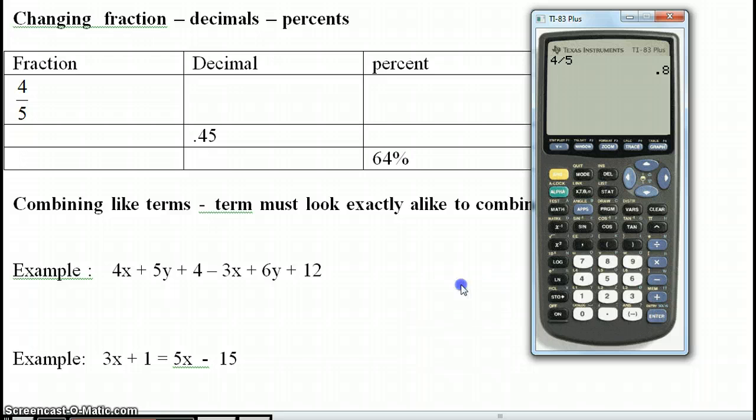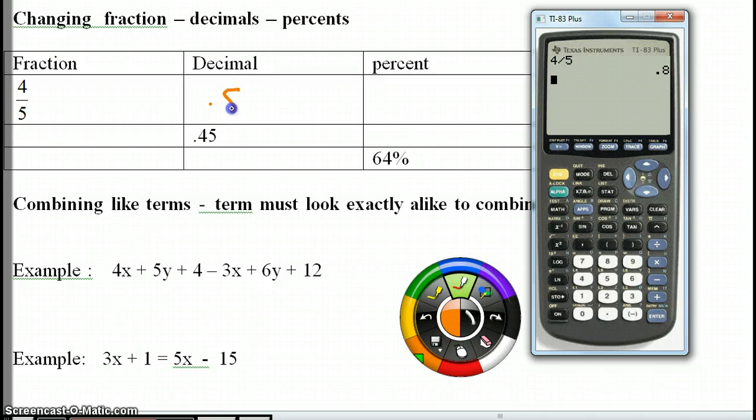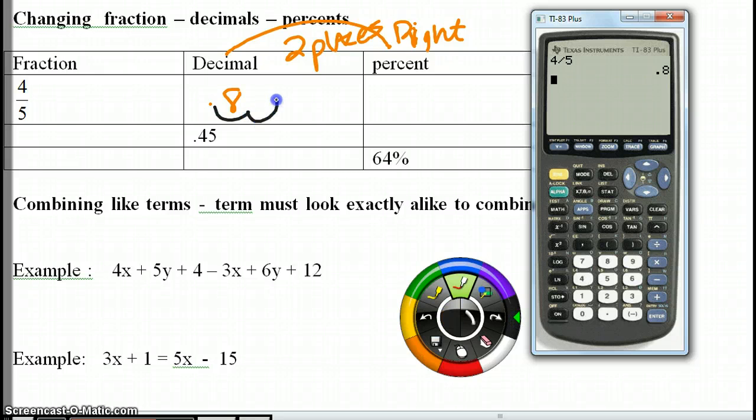So my decimal is 0.8. And then to change decimal to percent, write yourself a note. You always move 2 places to the right. So if I take my 0.8 and I move it 2 places to the right, I'll get 80%. Okay, and basically those are your rules.